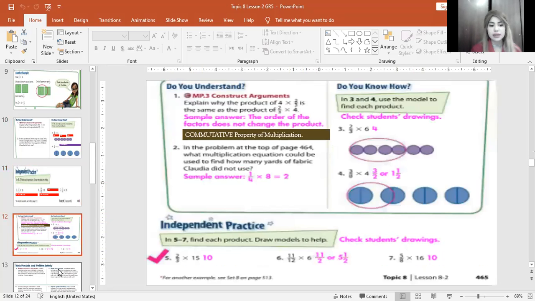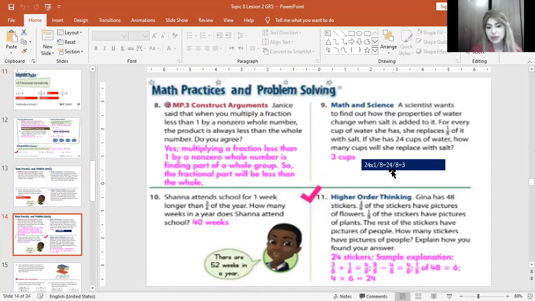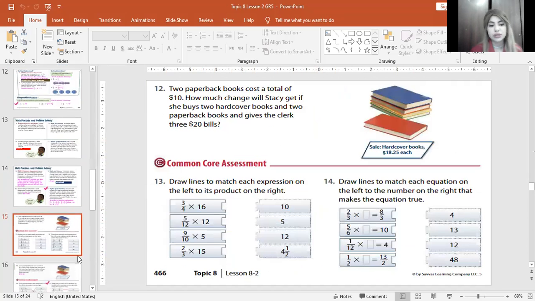It's all the same idea, all the same way. Please, I want you all to solve it and send it to me. And in this equation, we will multiply 52 multiply 3 out of 4. It will be 39 weeks.